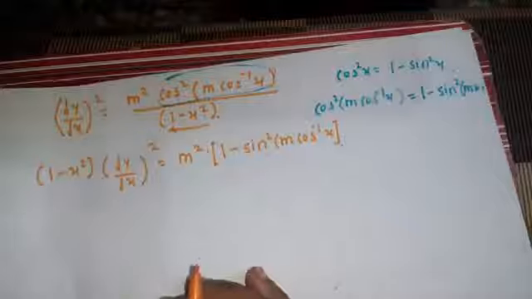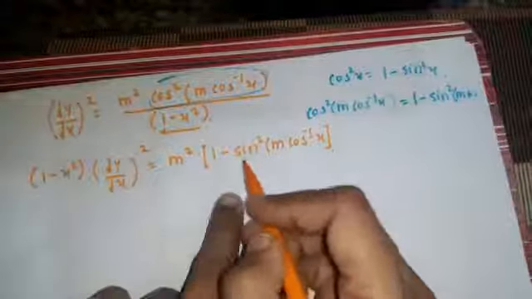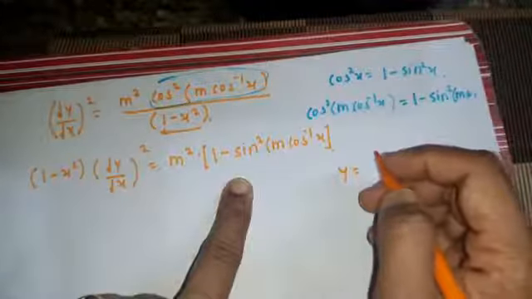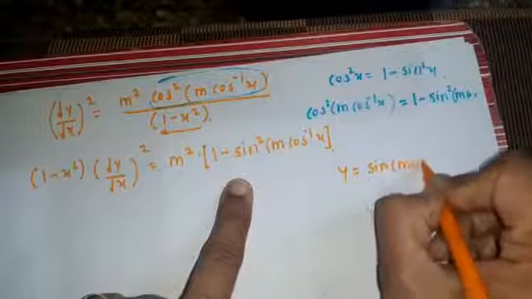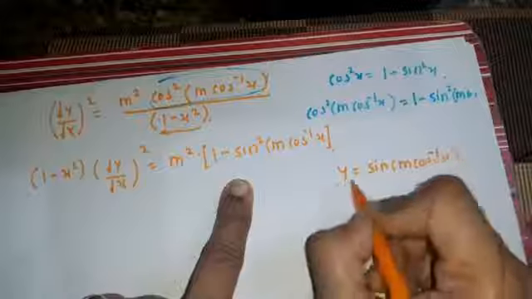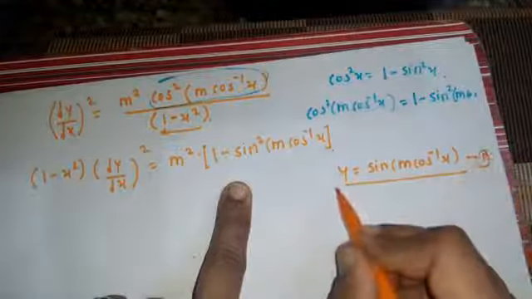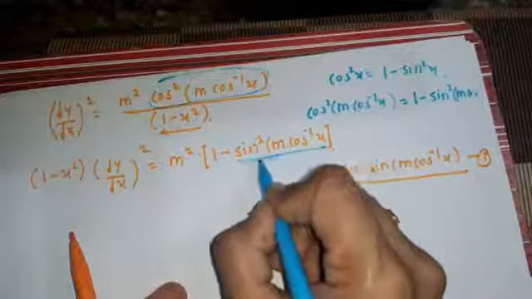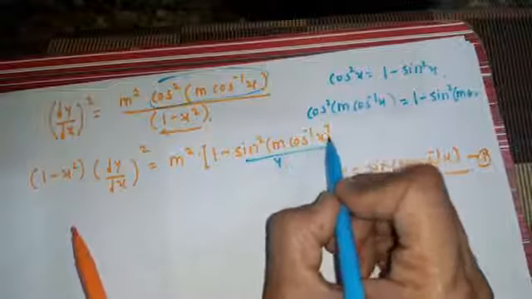From 1, the value of y is given: y equals sine of m cos inverse of x.